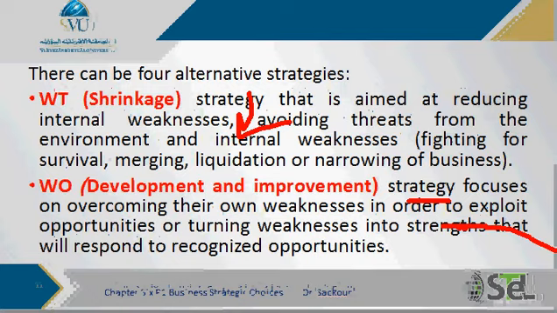So, if we have weaknesses and threats together, we are in a very bad situation and the strategy is shrinkage, aimed at reducing internal weaknesses and avoiding threats from the environment. Weaknesses and opportunities: development and improvement. Listen, guys, we have weaknesses, but there are some opportunities.